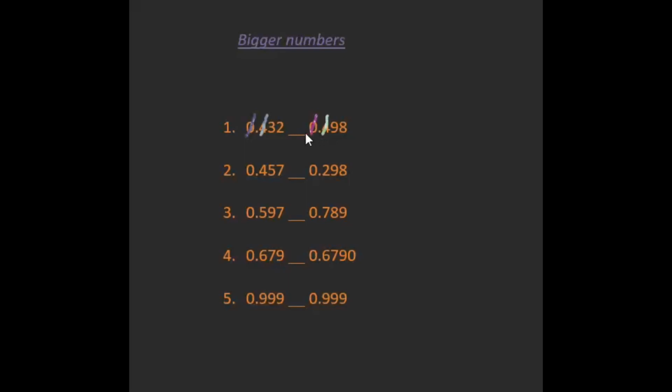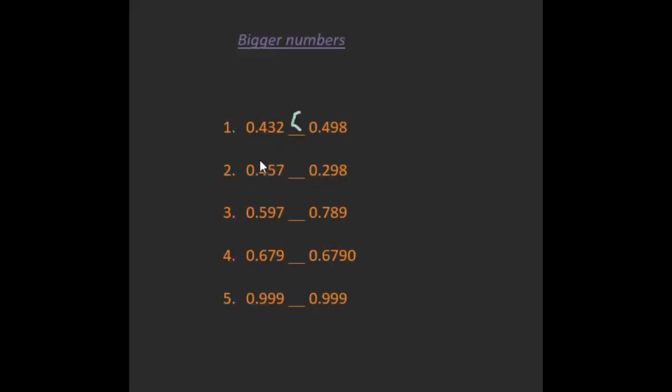Okay? So that also means that 0 and 432 thousandths is less than 0 and 498 thousandths. So now we can move on to the next problem.